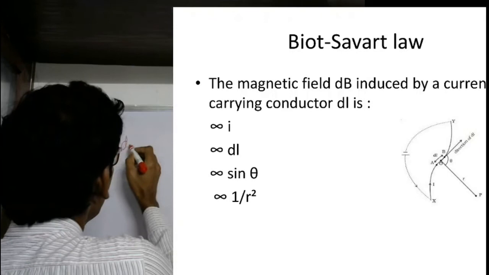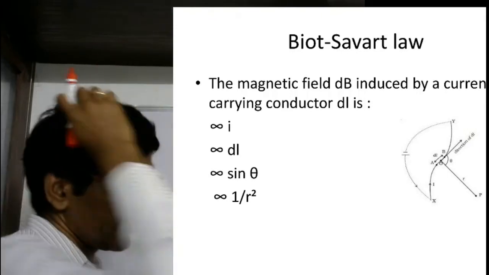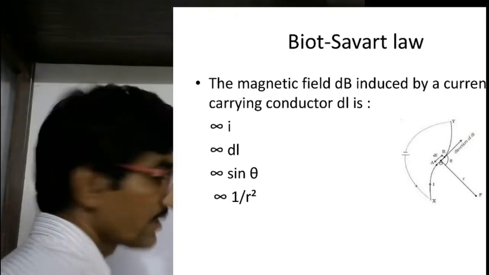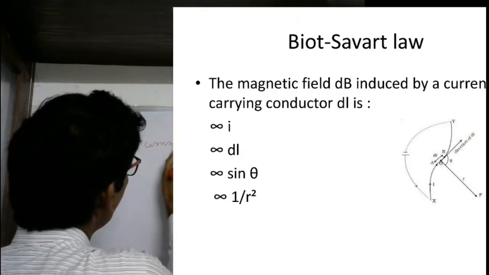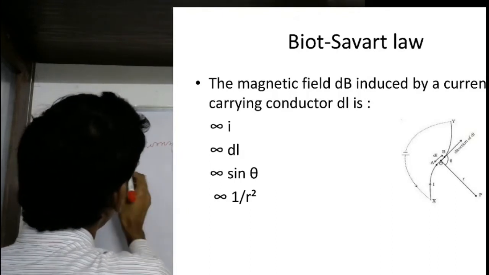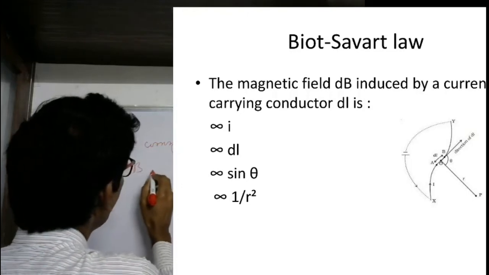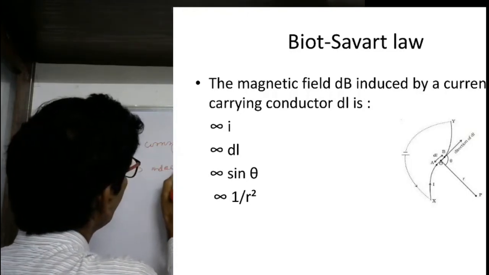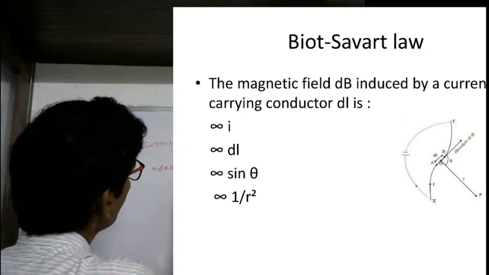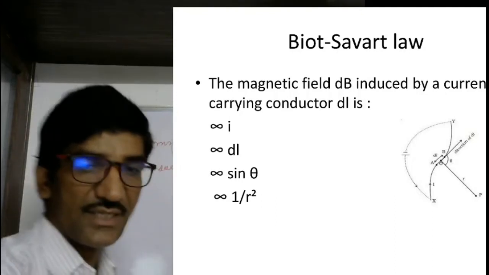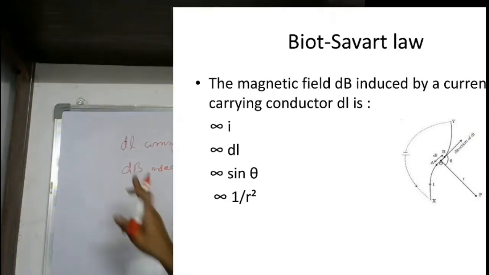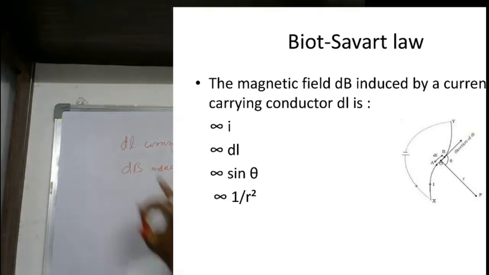We are taking only the infinitesimal element dl of the conductor. The corresponding magnetic field is dB, the induced magnetic field. It means dl corresponds to dB, the induced magnetic field.